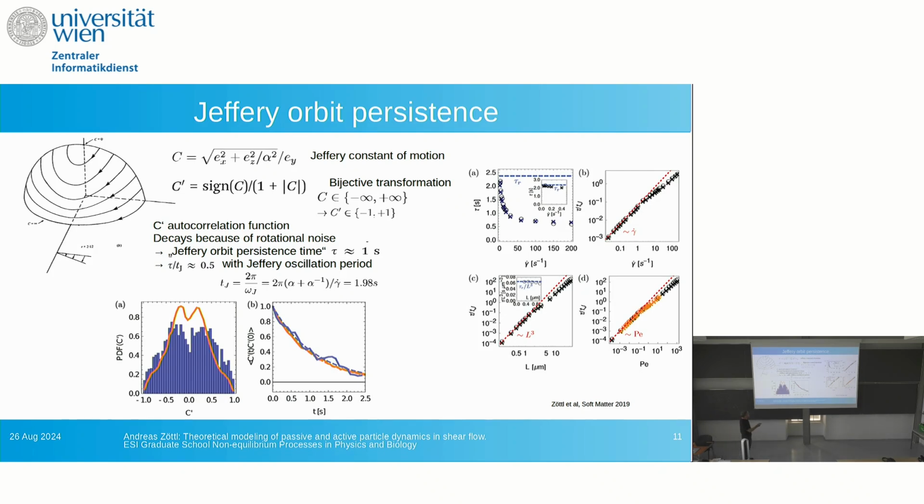It is only the same in the limit of vanishing shear rate. When you increase the shear rate, it's not the same as the rotational diffusion time. So this is maybe a motivation if somebody wants to do a theory on that. I think it's still open.